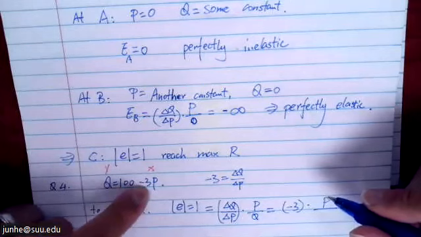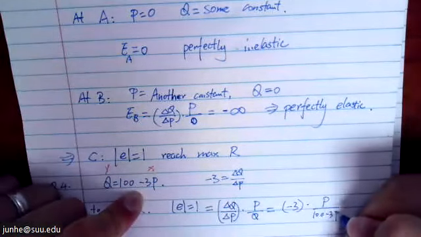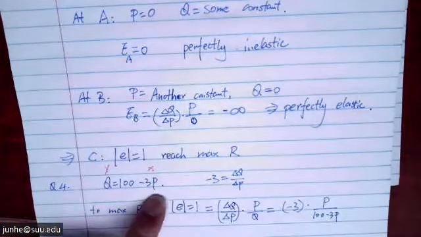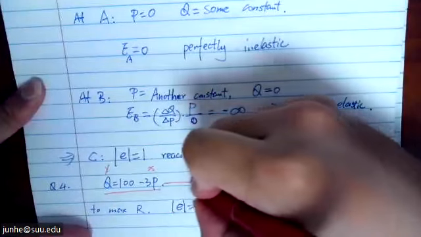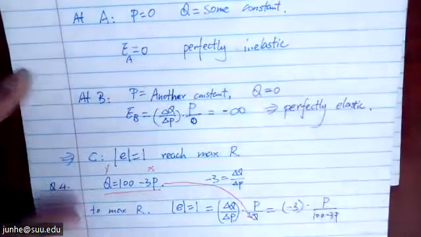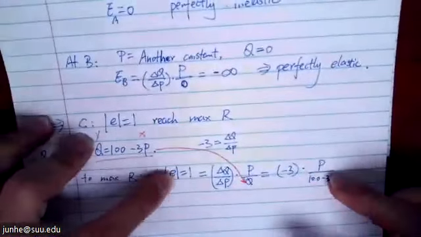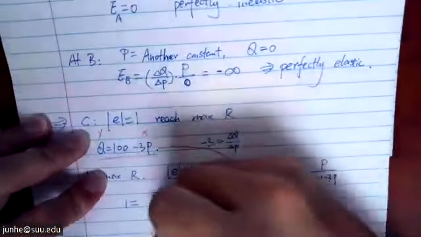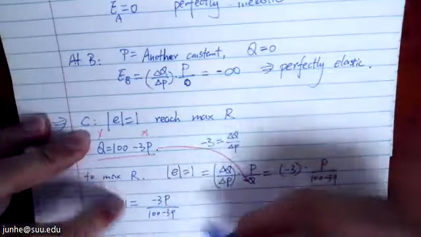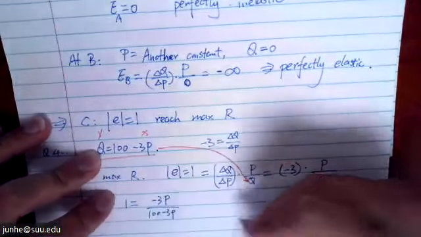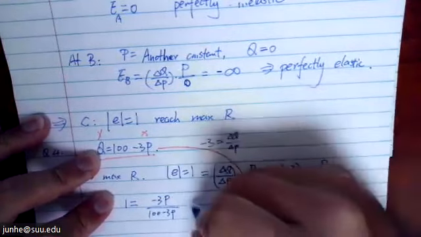Multiply by P over Q. It's easier to simplify this by leaving only one unknown, so Q can be expressed in terms of P: Q is 100 minus 3P, according to this formula. Now we just need to solve. It is 1 equals minus 3P over 100 minus 3P.